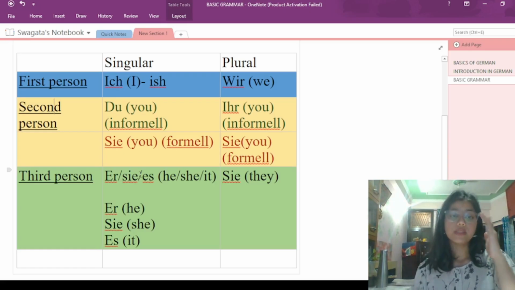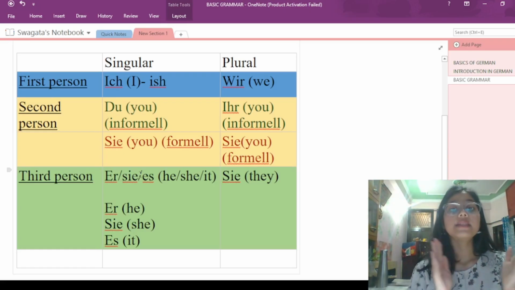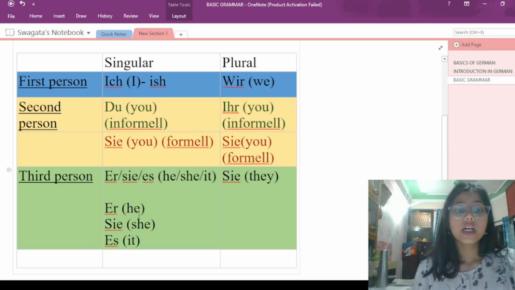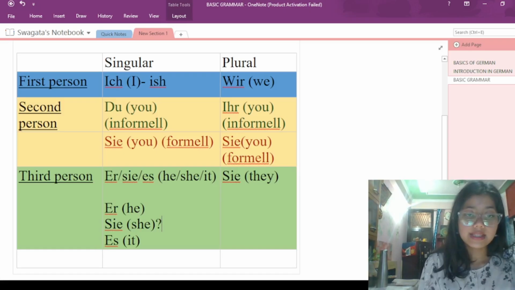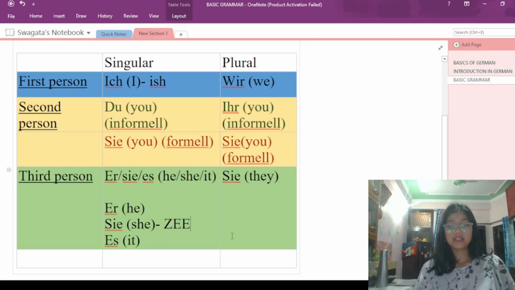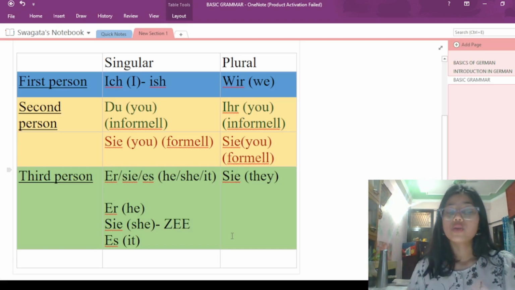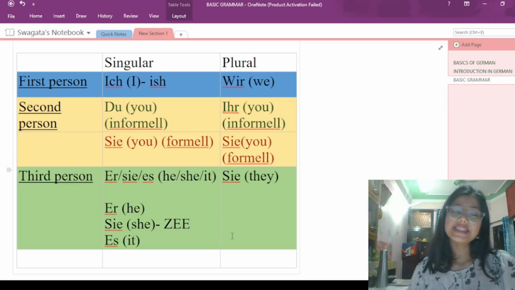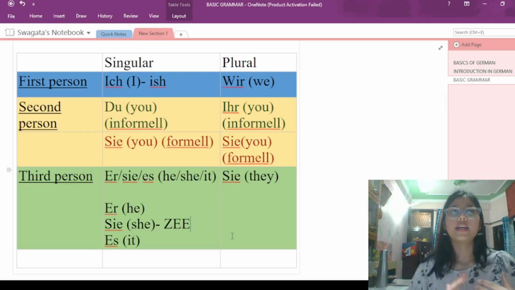In the third person, we have er, which means he. Sie means she. Sie is pronounced sie. It's not sie, it's sie. That means she. And es is it. It has no gender.